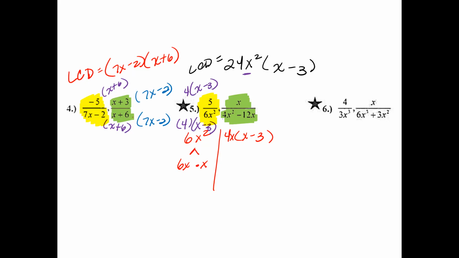With my second fraction, I'm like, okay, so how do I get to a 24? Well, 4 times 6 gives me the 24. I only have one x. I need an x squared. So I'm going to include another x with a 6, so 6x. And I already have the x minus 3, so I don't need to worry about that. The only thing I need to multiply top and bottom is just 6x.